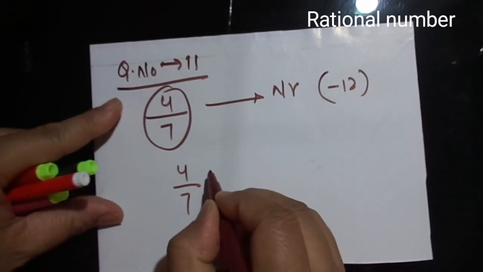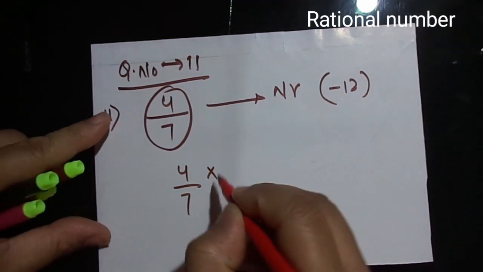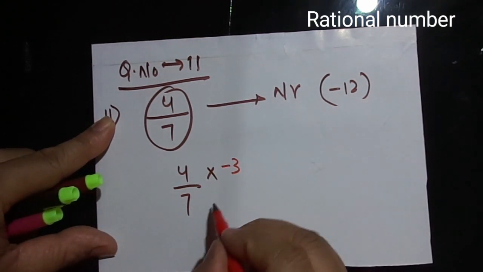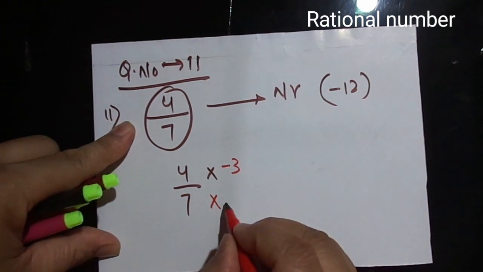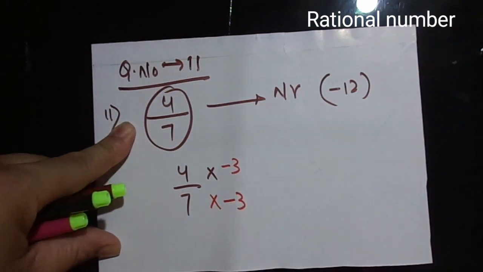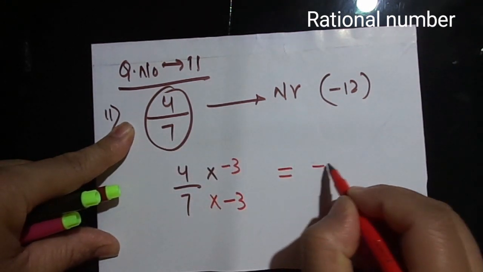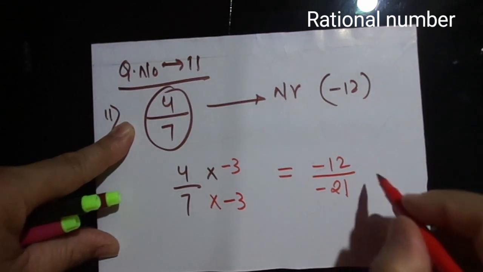You well know that for 4 by 7, when you multiply the numerator by minus 3, it will become minus 12. And as I said, you need to multiply the denominator also with the same number, so that the value doesn't change. When you talk about minus 12 and minus 21, the value shouldn't change.